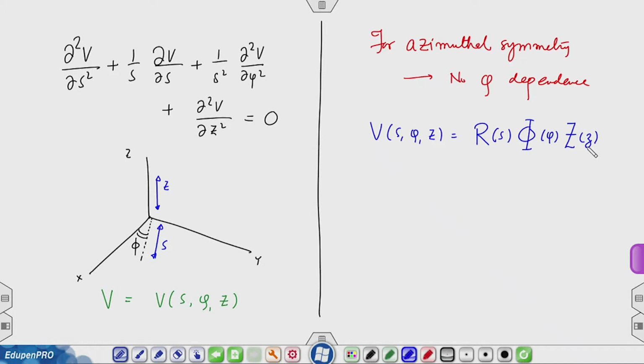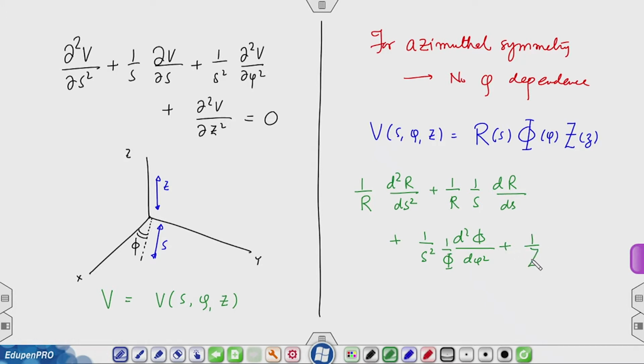And when you substitute this in the Laplace's equation, what you get is 1 over R d2R over ds square plus 1 over R 1 over s dR over ds plus 1 over s square 1 over Phi d2 Phi over d phi square plus 1 over Z d2Z over dz square is equal to 0.